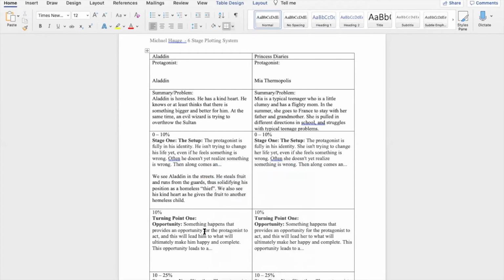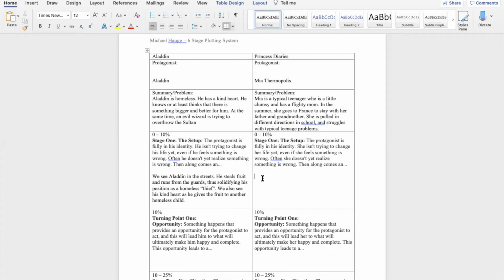Okay, so we have Aladdin. He's in the streets. He steals some fruit. He runs from the guards. We see that he's a homeless, quote unquote thief, and then we also see him give the piece of fruit to another homeless or hungry child. Okay, and that's pretty much the first 10% of the Disney cartoon, or even the Disney movie.